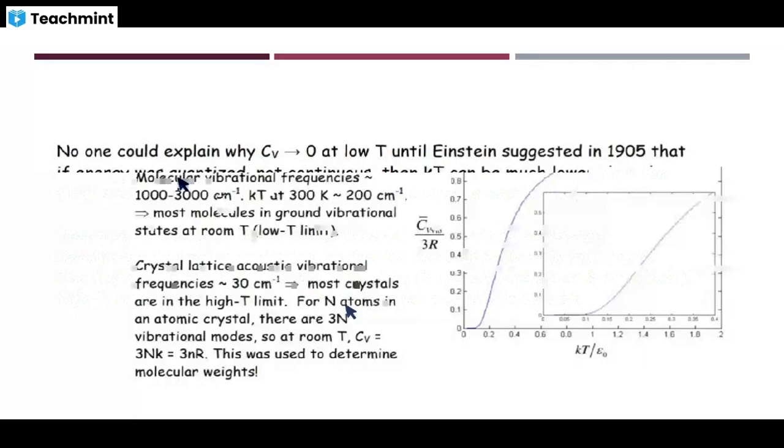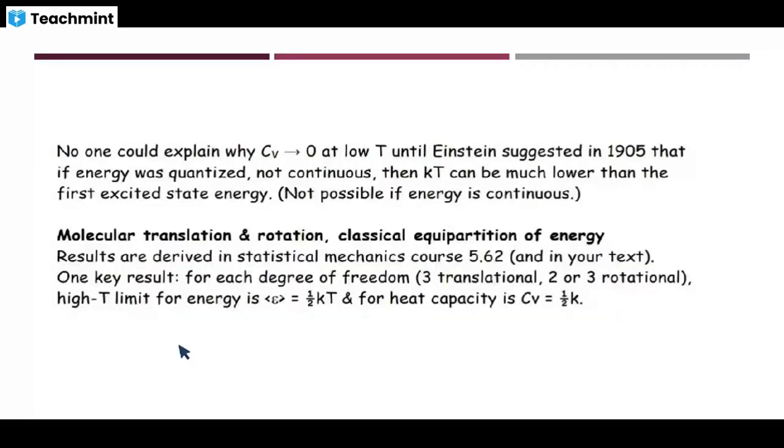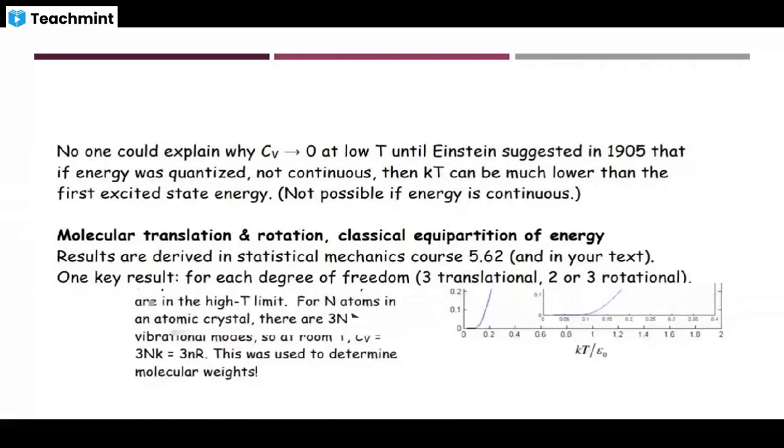Molecular translational, rotational and vibrational classical equipartition of energy: the results are derived in the statistical mechanics course, so one key result we will see later. For each degree of freedom, 3 translational, 2 or 3 rotational, at the high temperature limit the energy is half kT and the heat capacity is half k.